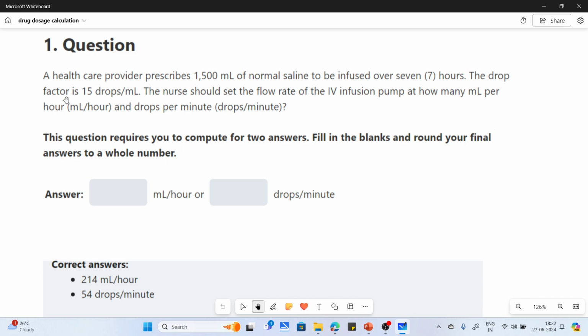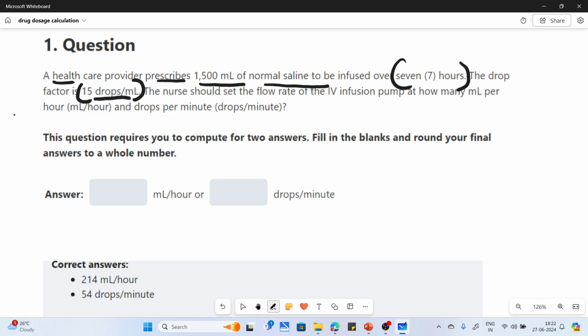Here the question is: a healthcare provider prescribes 1500 ml of normal saline to be infused over 7 hours, and the drop factor is 15 drops per ml.